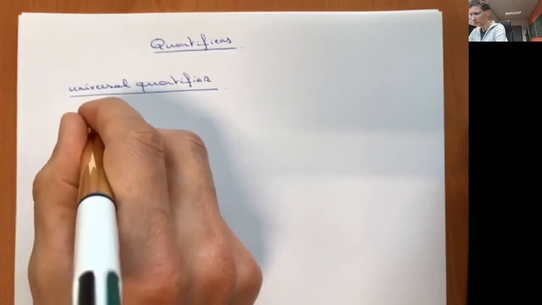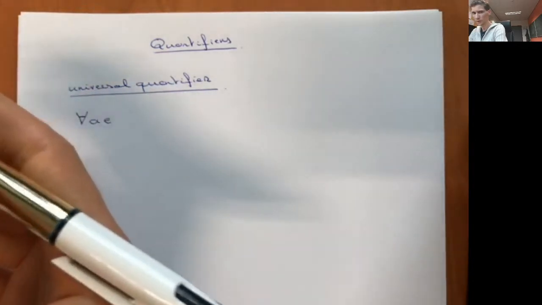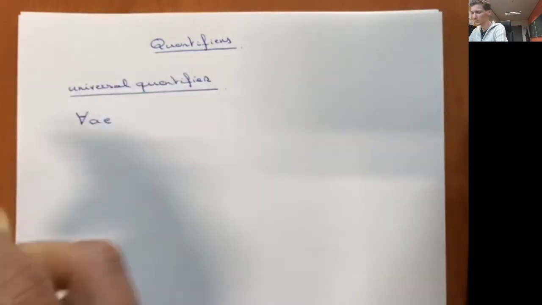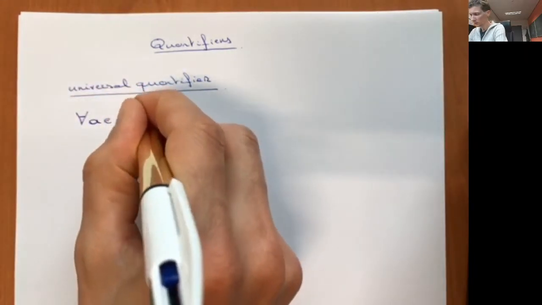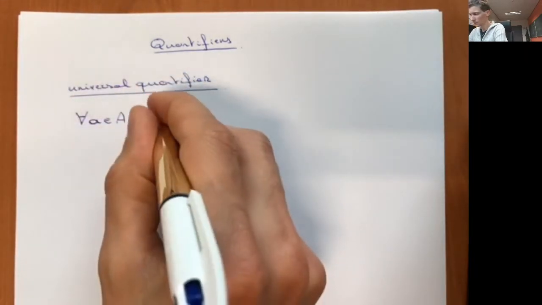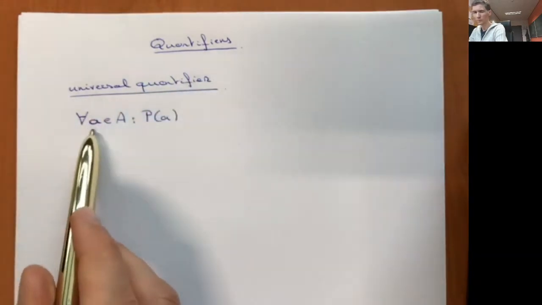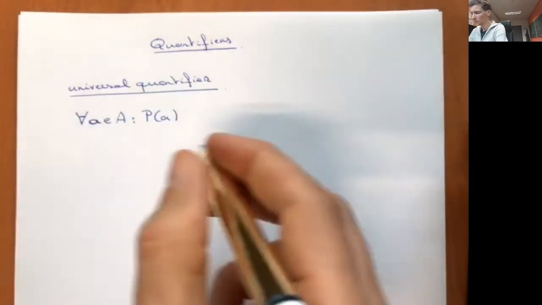You have an upside down A, and then you have an element, can be X, Y, Z, I don't care. So here I call it little a, and some said big A, and then a formula, and this formula can depend on this variable a. So how do we read this?